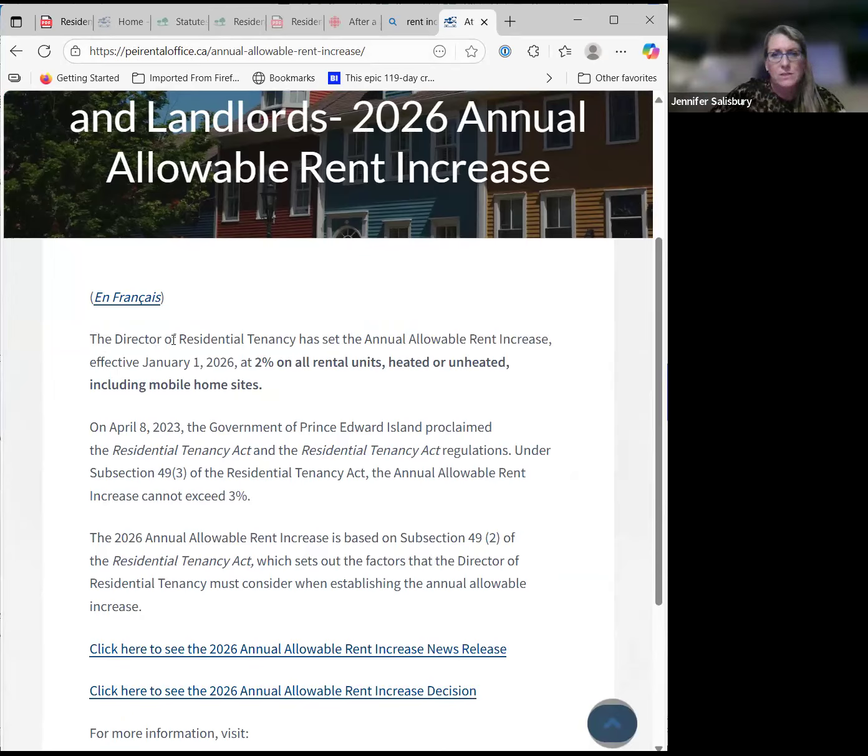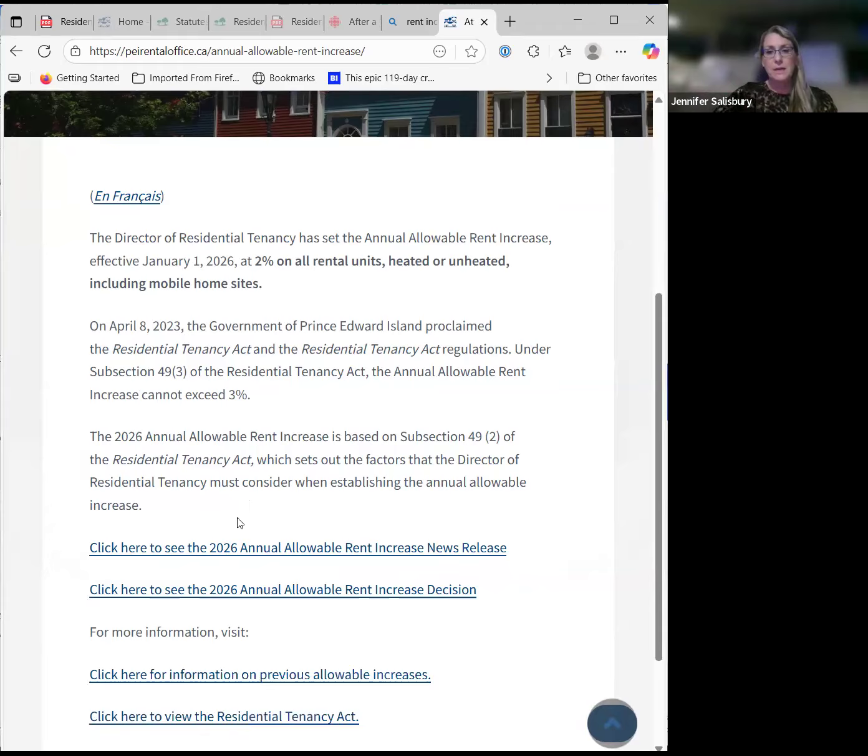The director of residential tenancy has set the annual allowable rent increase effective January 1, 2026 at 2% on all rental units, heated or unheated, including mobile home sites. But the Residential Tenancy Act's cap on rent increases across the board is 3% completely. But for 2026, you can only increase it 2%. Okay, I got it.